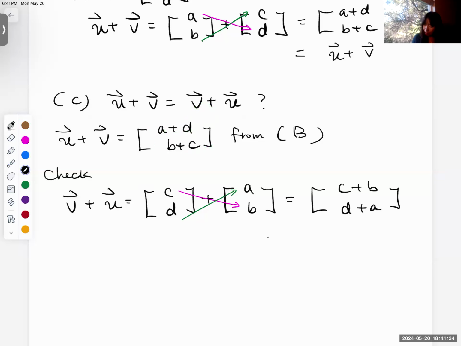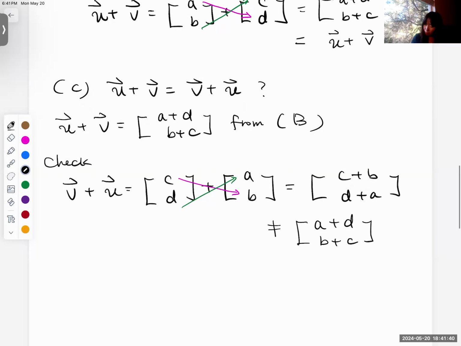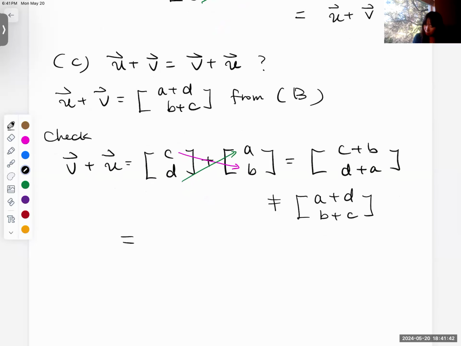So it's not equal to A plus D, B plus C. So let me put the not equal to. We know that U plus V is not equal to vector V plus vector U. So no.